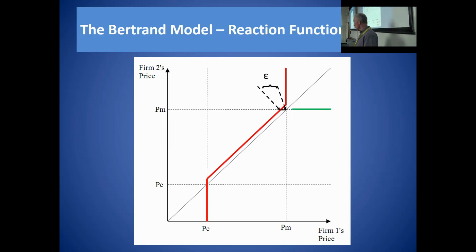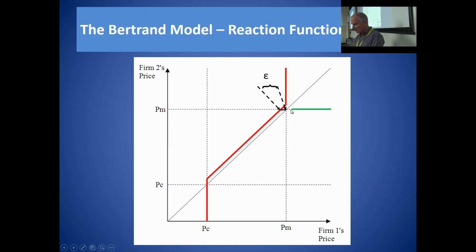It doesn't matter how far in excess of PM firm 1 charges its price. The optimal response, the profit maximising response, is to charge a price exactly equal to PM. And so, remember, this is now firm 2 charging a price exactly equal to PM.